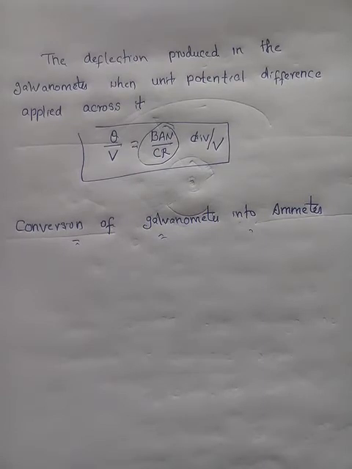What is the function of a galvanometer? A galvanometer is a device used to measure or detect the small current flowing through it.